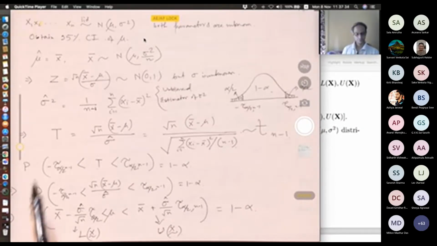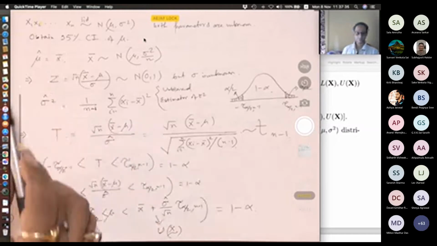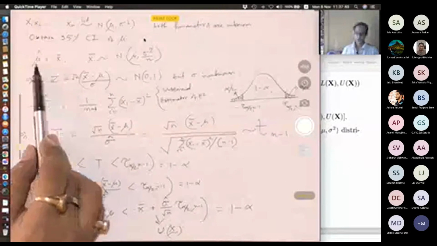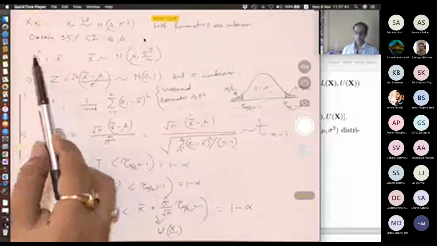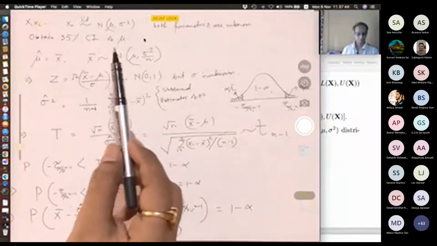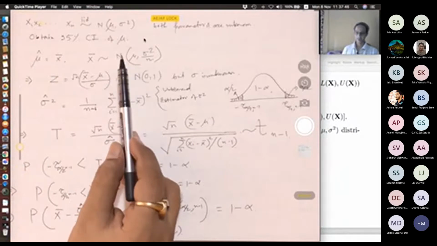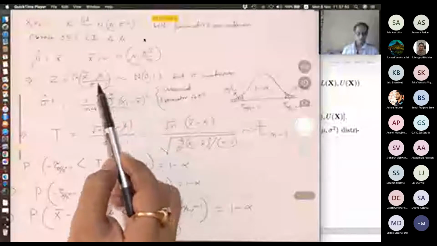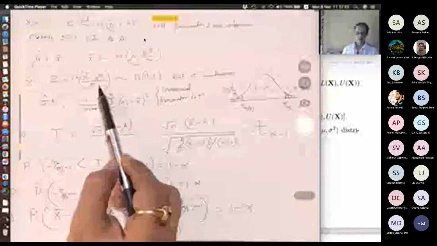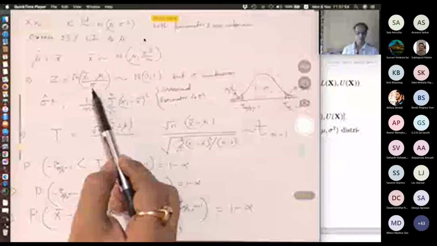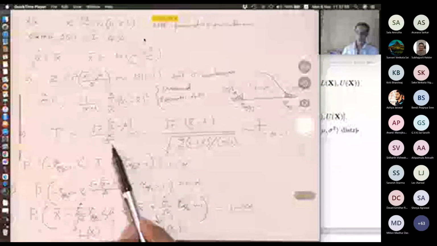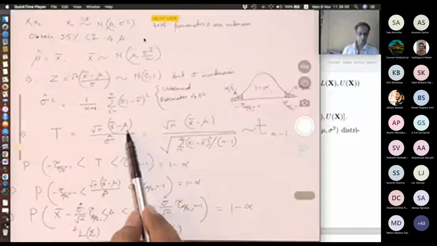So the procedure is the same. First you obtain the estimator by which you can estimate mu. Then you go for standardizing it or pivoting it. And then you check if there is some unknown parameter. Well, here sigma is the unknown parameter. Estimate that, plug in that value. Then you obtain the distribution of the statistic.